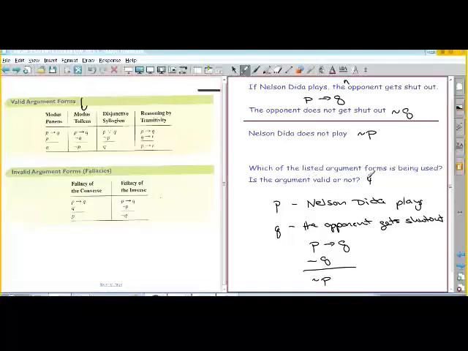As a consequence, is the argument valid or not? We'd say yes, it is, because of the type of argument it is.